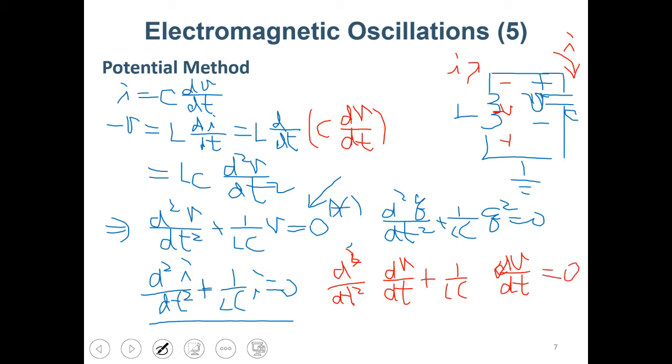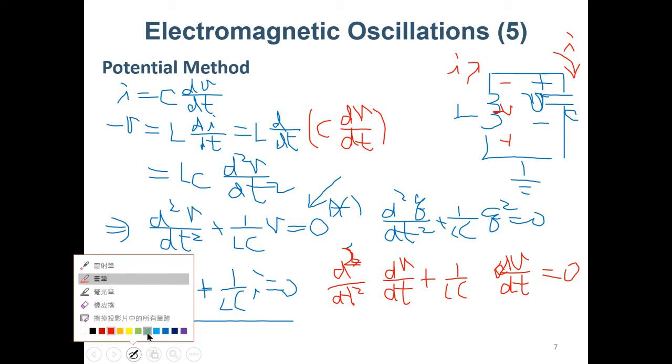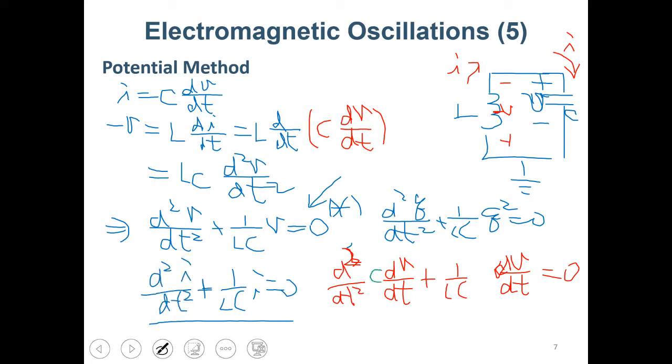You take one more derivative, which is fine. So we can take one time and then take the other 2 times. And then we can multiply the equation by C. As long as C is a constant, we can just put it inside.